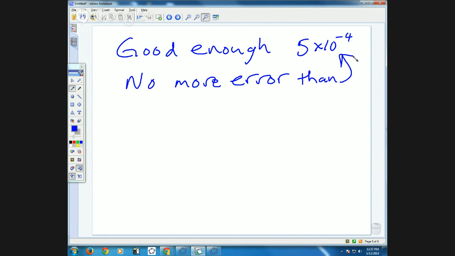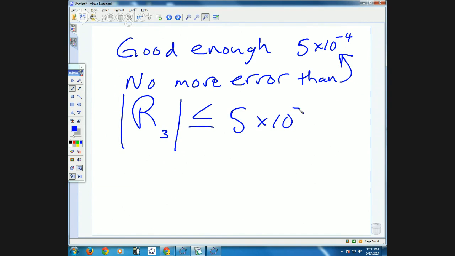There's a formula for the Taylor series for dealing with error. So our error is our remainder. I want the third remainder in absolute value to be no more than 5 times 10 to the negative 4th.